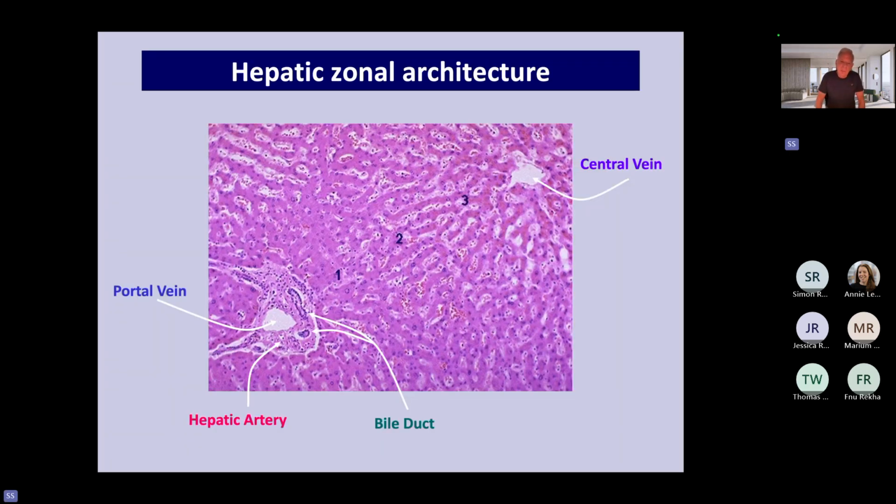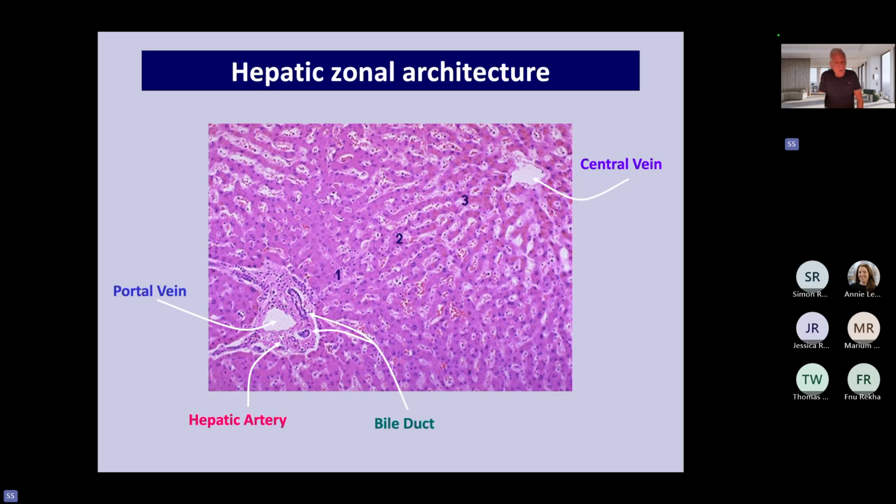You should all be familiar with the three major histologic zones in the liver, zones 1, 2, and 3. Can anybody tell me the difference between these zones? Well, the major difference is, of course, the level of oxygenation.